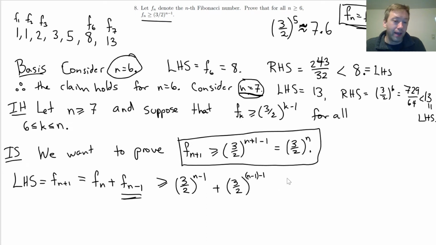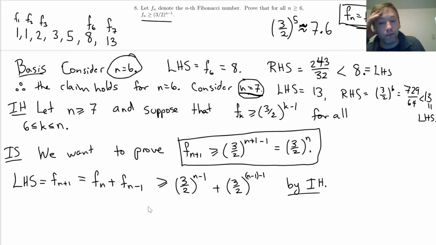Here I have to say "by IH," otherwise you will lose marks. You've got to say why these things are true, right? Justify your steps. And now it's just some kind of clever algebra.